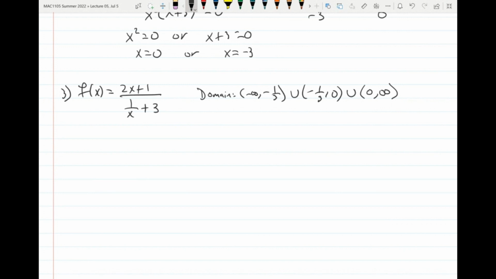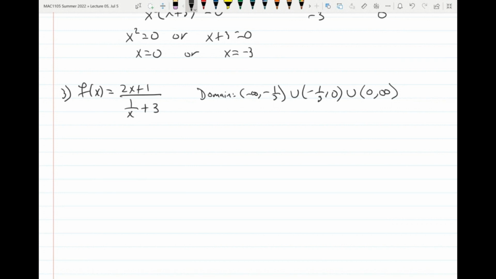Do you understand this? So there are two issues you need to take care of. After you take care of that, is there anything else we need to worry about? Anything else? No, that's it. Look at the top. The top is fine, 2x plus 1. X can be whatever you want as far as the top is concerned. And other than what we just mentioned, the bottom would be fine.